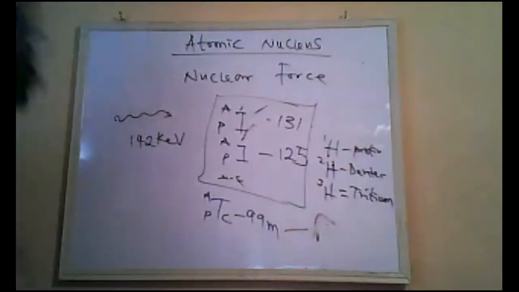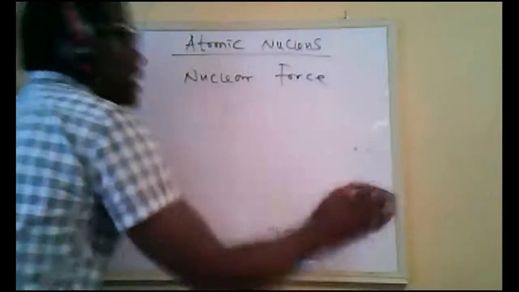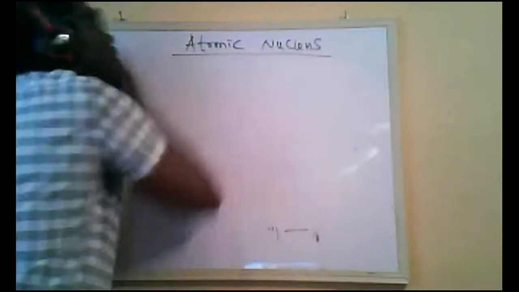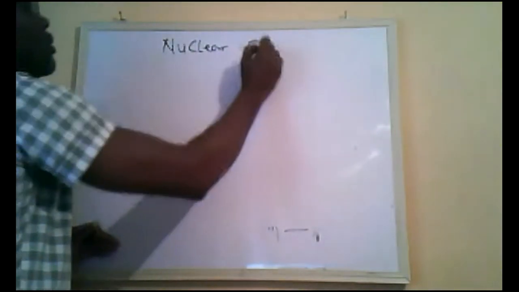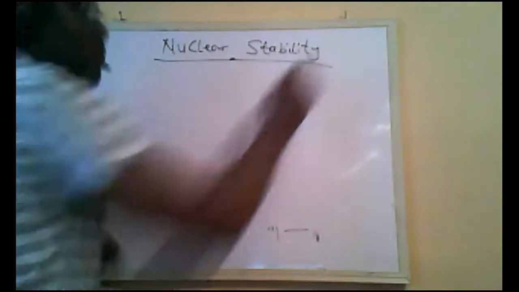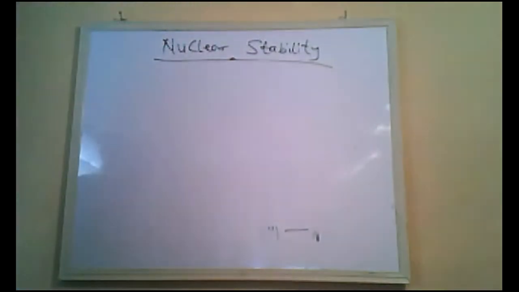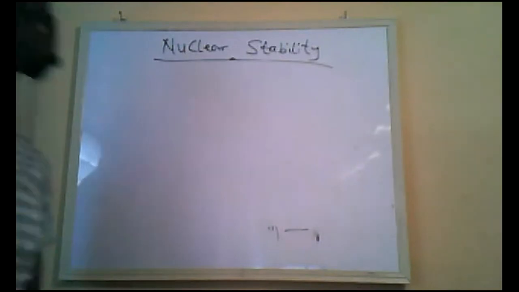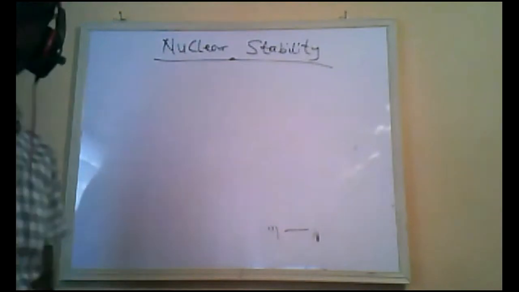So that brings us to nuclear stability. Nuclear force takes us straight down to nuclear stability. How do we distinguish which nuclide is going to be stable and which one is not going to be stable?